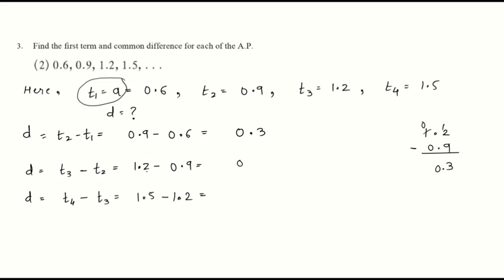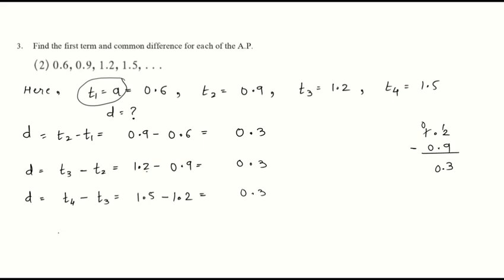So again we got as 0.3. Again to find the difference, here we have taken T4 minus T3. So T4 is 1.5 minus T3 is 1.2. So here we will get as 0.3 again.